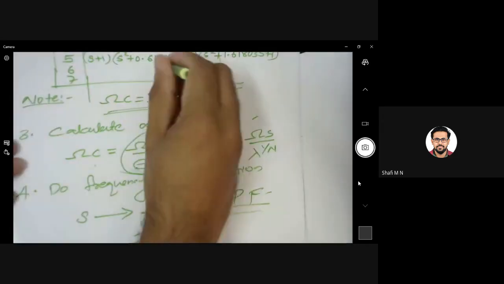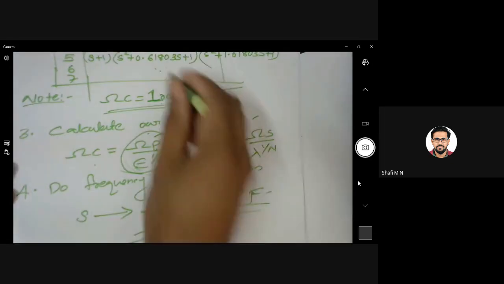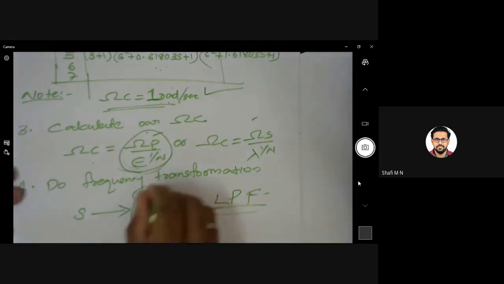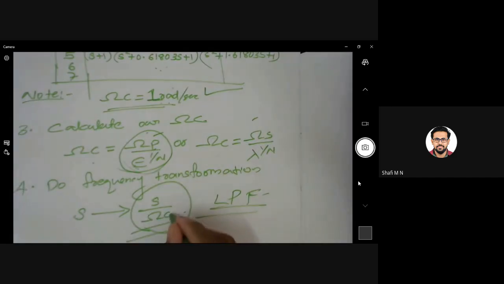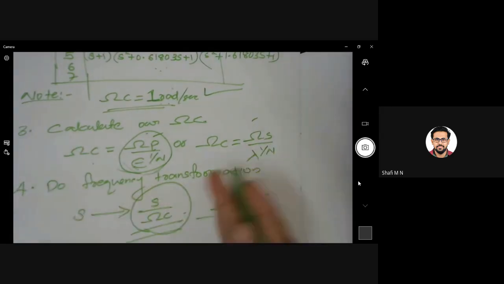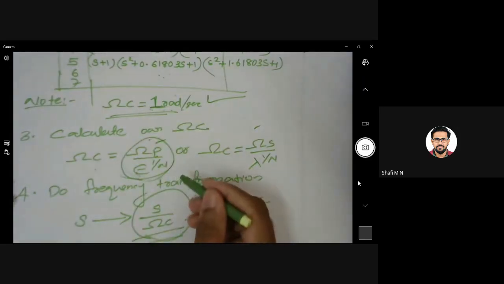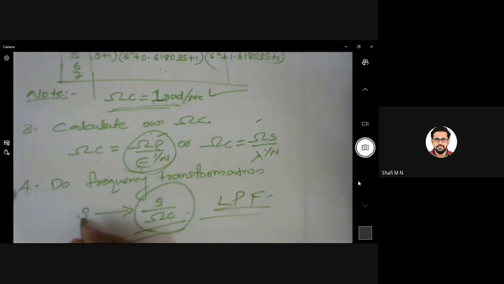Now you have to transform this design according to the given specification and cutoff frequency. You have to change it from 1 to the new cutoff frequency. To do that, you replace S with S by omega c. So with this step, you will be done with a Butterworth low pass filter design.